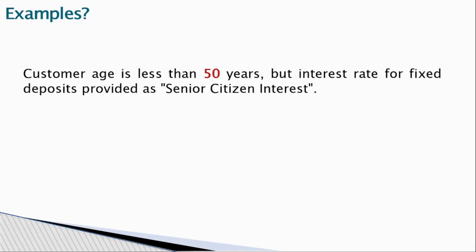What are the examples of integrity issues? For example, the customer is less than 50 years of age, but the FD interest is given as for a senior citizen. Normally it is an integrity issue, and only during data migration may these types of issues arise. In normal scenarios, the system will not allow you to give a senior citizen interest rate to a normal person.